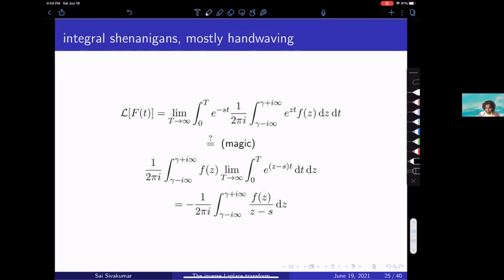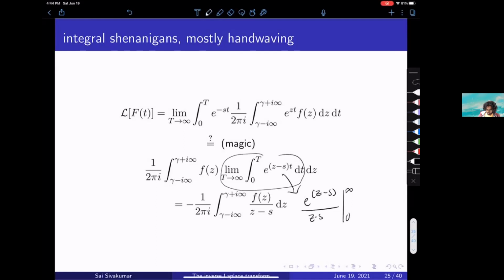So then you actually evaluate this integral first. You swap the order of integration too. So then you have this integral over here, which we can do. That is just going to be e to the (z minus s)t over z minus s, from 0 to infinity.